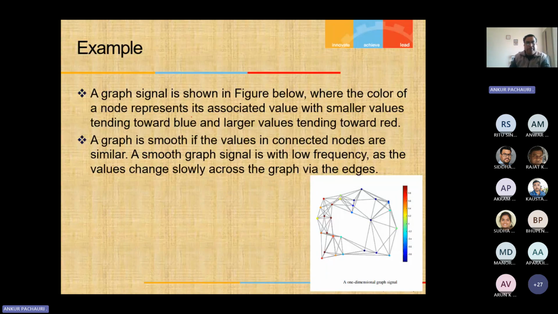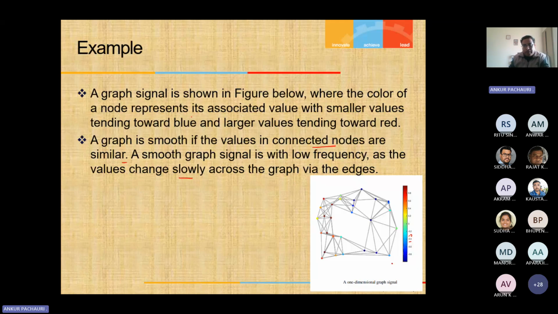So a graph is smooth if the values in connected nodes, meaning direct neighbors, are similar to each other. Similar means, suppose this is 0.4 and the other value can be 0.3. If it is 0.4 and 0.8, that is not similar. A smooth graph signal has low frequency, as the value changes slowly across the graph through the edges.